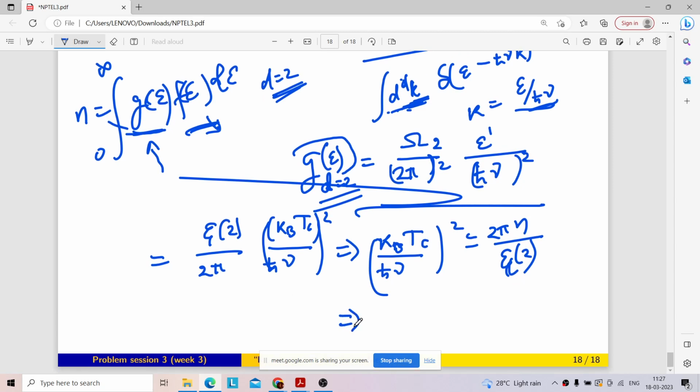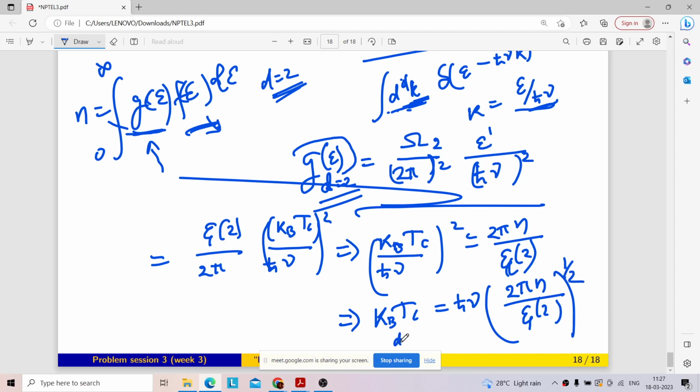Then kb tc will be h cross nu over 2 pi n over zeta of 2, to the power half.